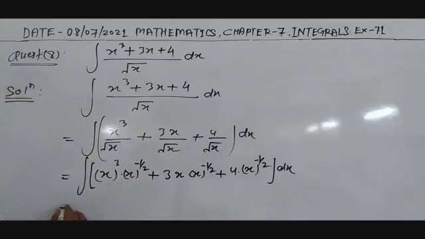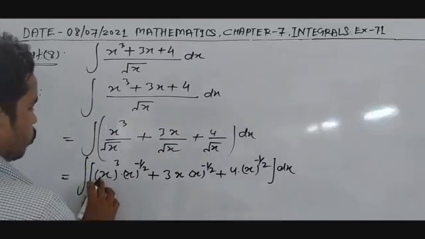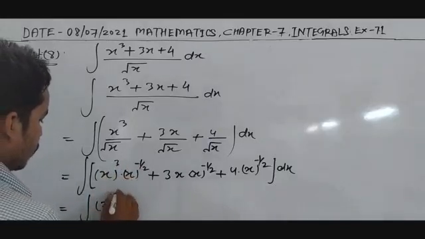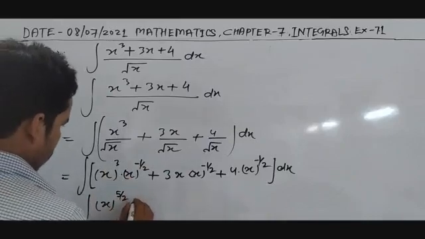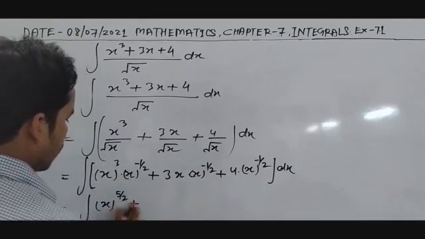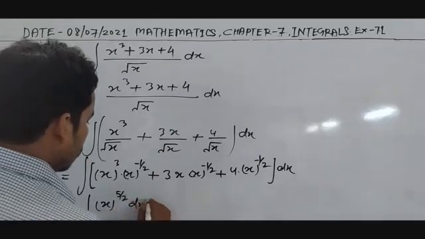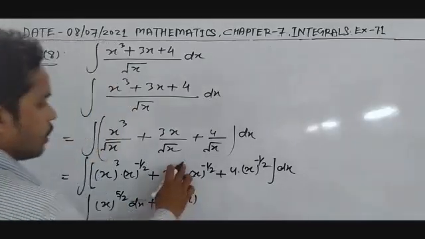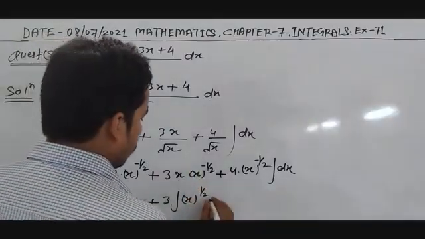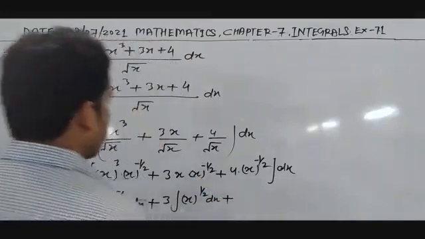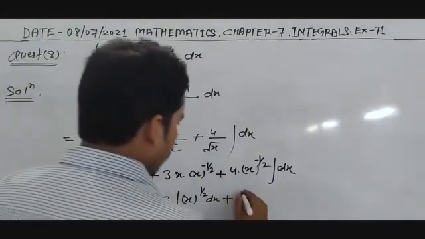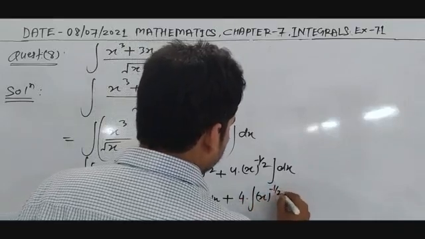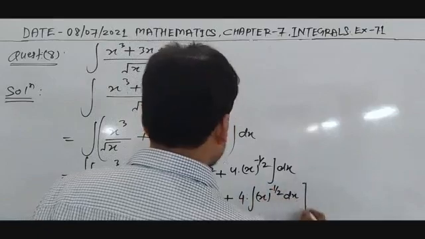So simplify here, x to the power 3 minus 1/2, result is x to the power 5/2 dx, plus 3 times x to the power 1 minus 1/2, result is 1/2 dx, and next plus 4 times integration over x to the power minus 1/2 dx.